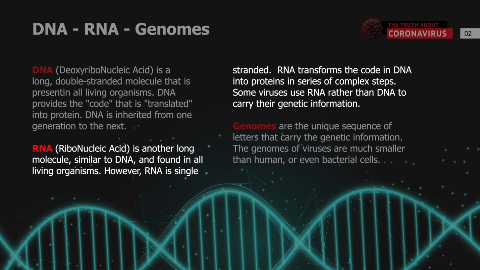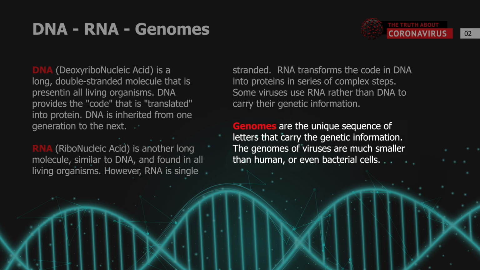Its principal role is to act as a messenger carrying instructions from DNA for controlling the synthesis of proteins, although in some viruses, RNA rather than DNA carries the genetic information. Genomes are the haploid set of chromosomes in a gamete or microorganism, or in each cell of a multicellular organism.